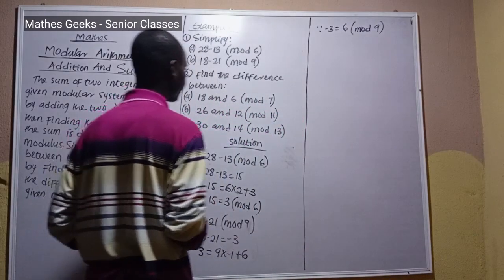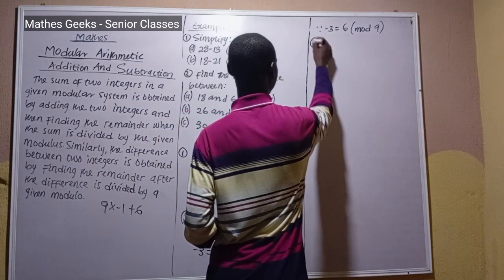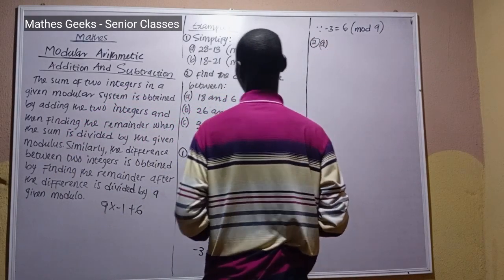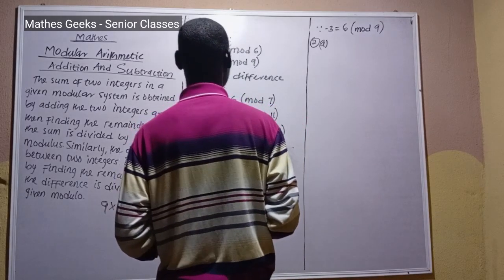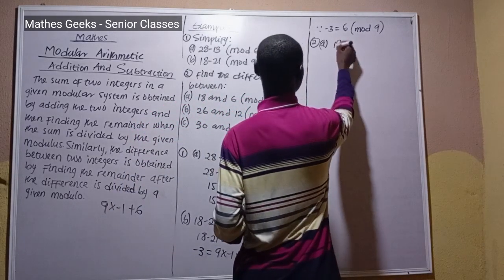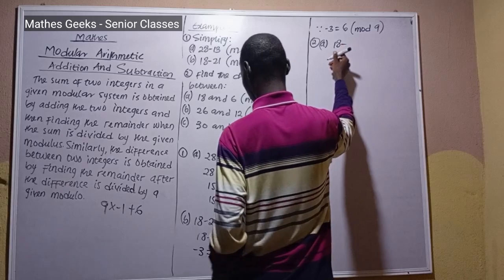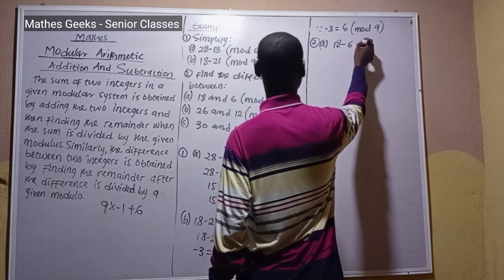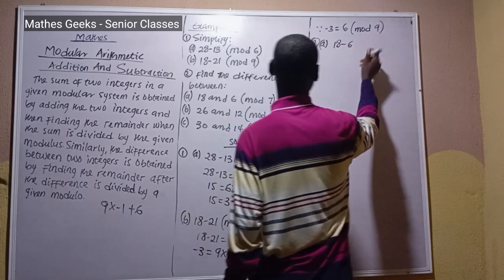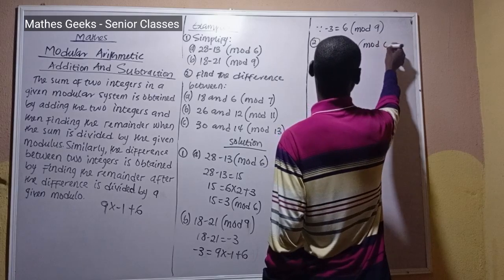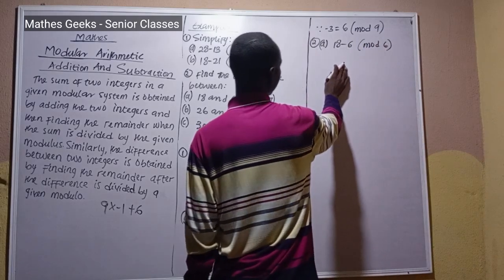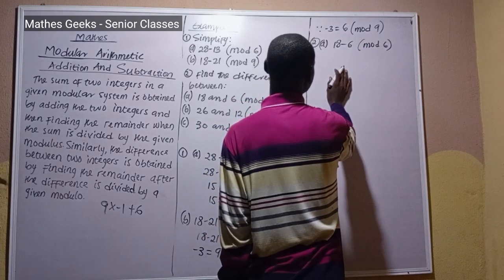Then number 2, we find the difference between 18 and 6, in mod 6. 18 minus 6 is 12.